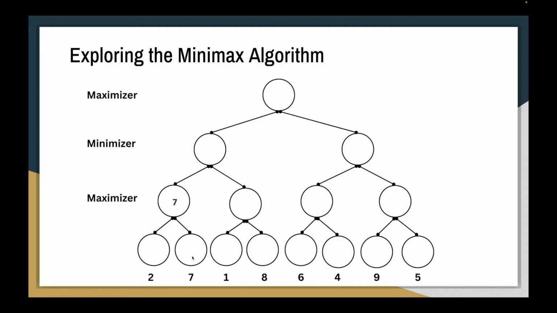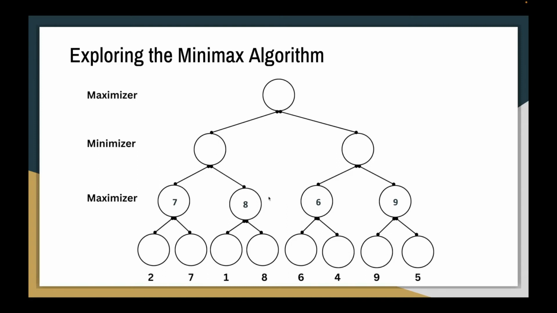So he never goes to 2 and this maximizer will go to 7. So this node will get the value 7. Similarly, the maximizer will compare these two values, that means 1 and 8. Which one will he choose? He will choose 8 because it has the maximum value. Same way here 6 will be chosen and 9.